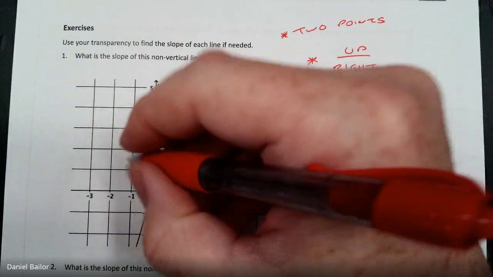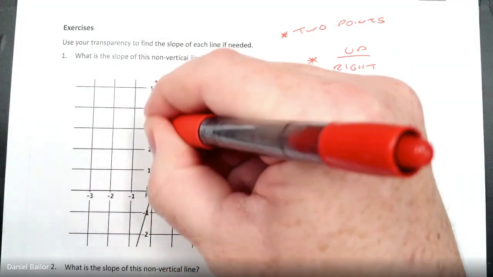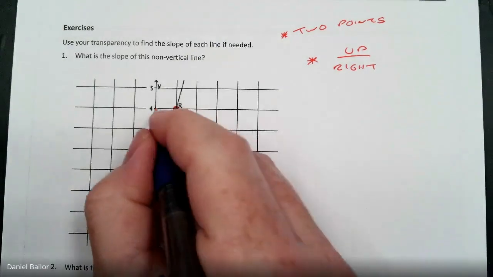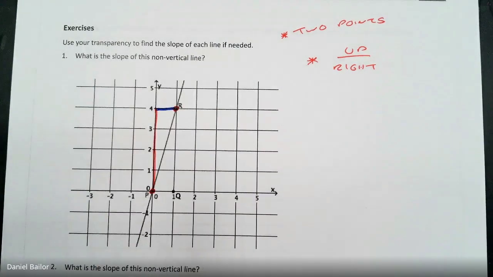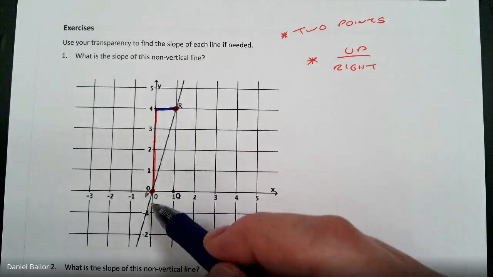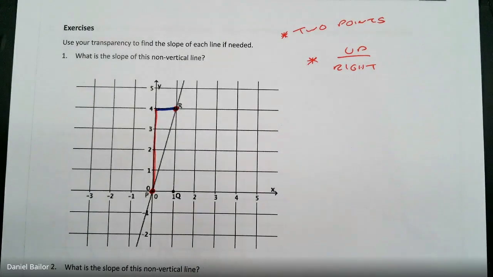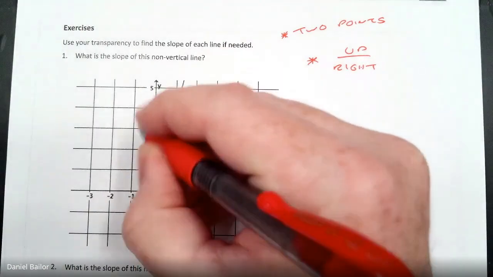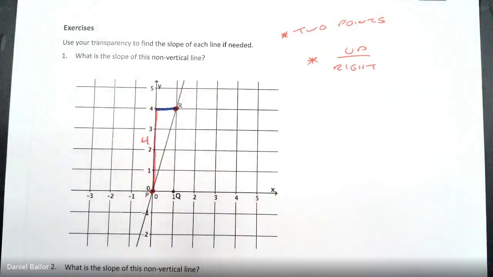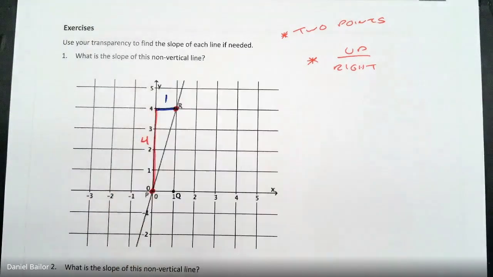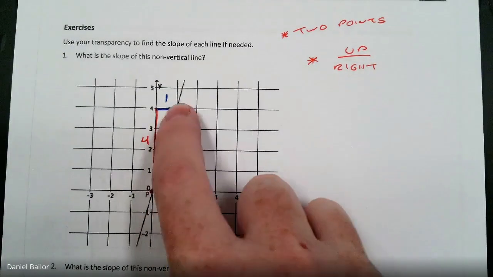And we're going to go up and right, going from P to R. We always start on the left and we go right. So up and right. Now right here, how many did we go up? 1, 2, 3, 4. So we went 4 up and we went 1 right. You notice how I labeled them right here.